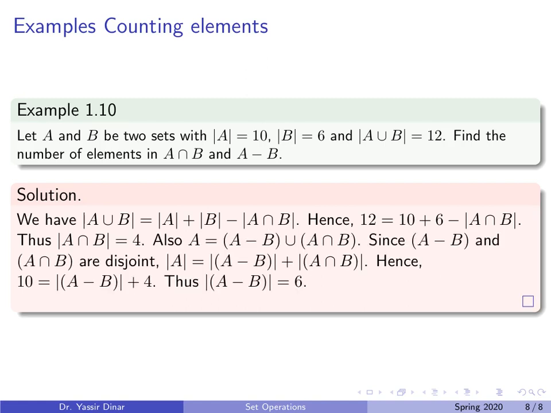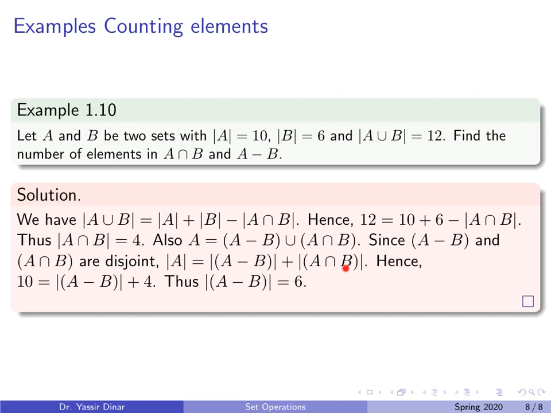Now to find the number of elements in the difference A difference B, I notice that A is always equal to (A difference B) union (A intersection B), and A difference B and A intersection B are disjoint sets. That means the number of elements in A is equal to the number of elements in the first set, A difference B, plus the number of elements in the intersection.